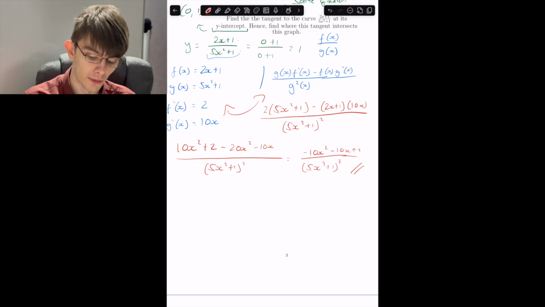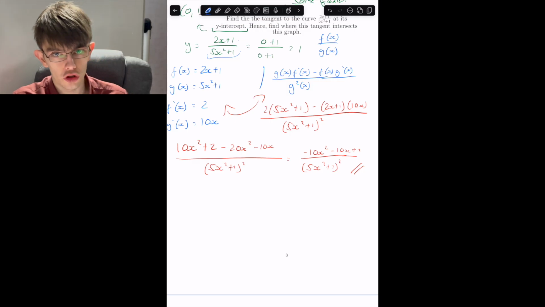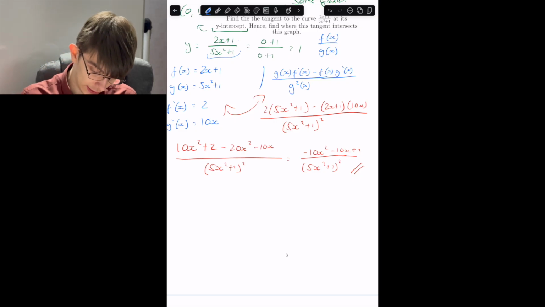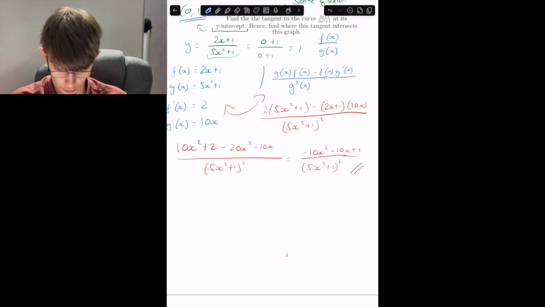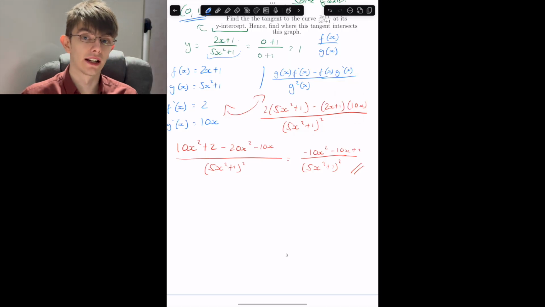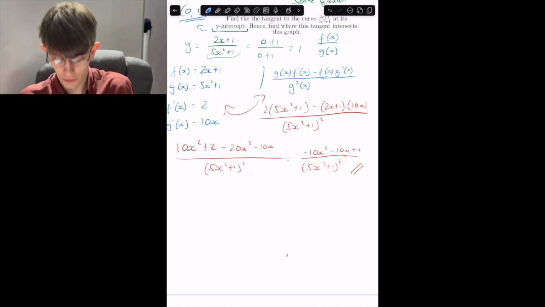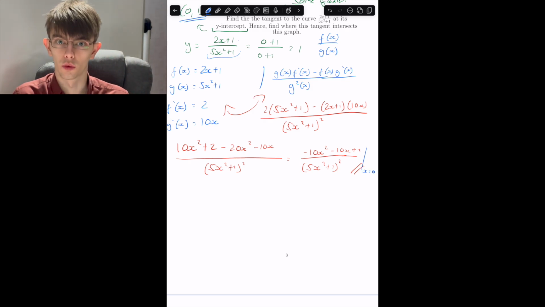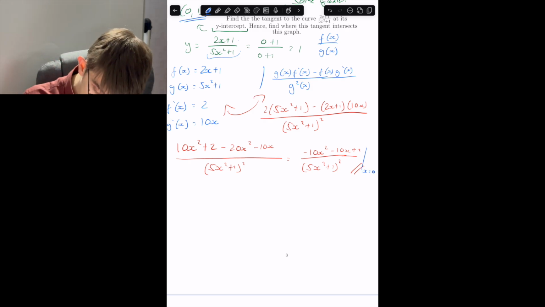So now I want to switch my attention to the tangent. So my tangent passes through the point (0, 1), as we know, which means I need to find the gradient of the tangent at the x-coordinate 0. So let's pop 0 into my equation for gradient. Well, what do I get?